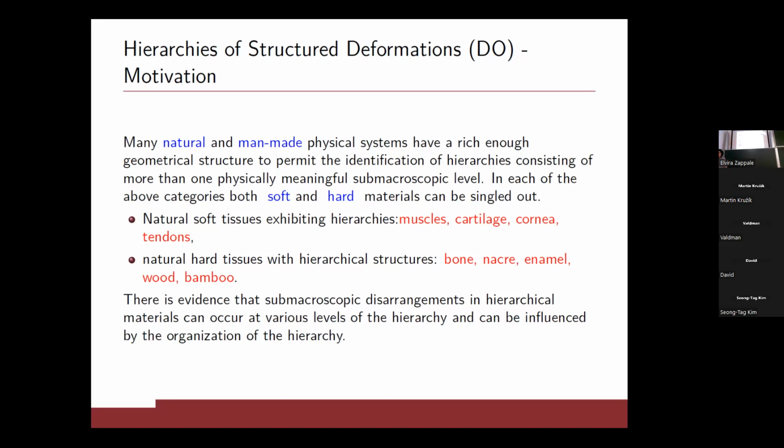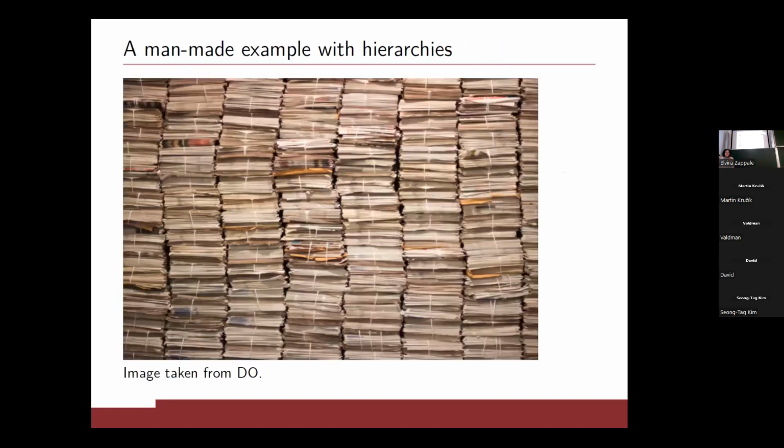The classical example that I guess helps a lot to clarify what I'm trying to say is this example of a bundle of papers. You can realize that there are several levels of looking at this picture.